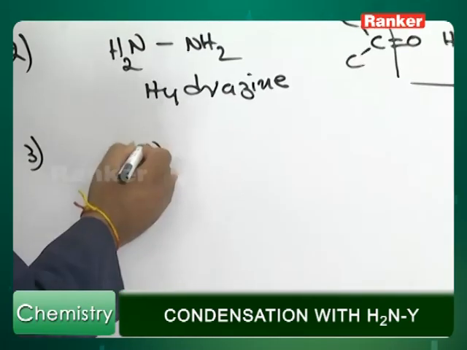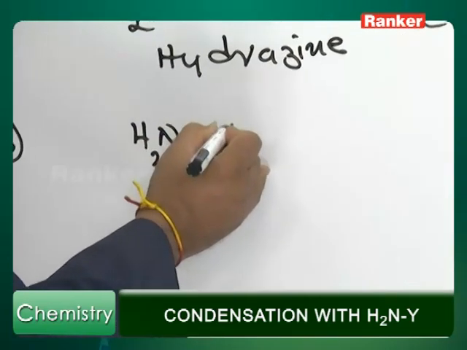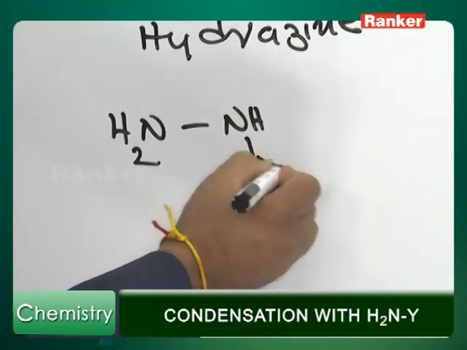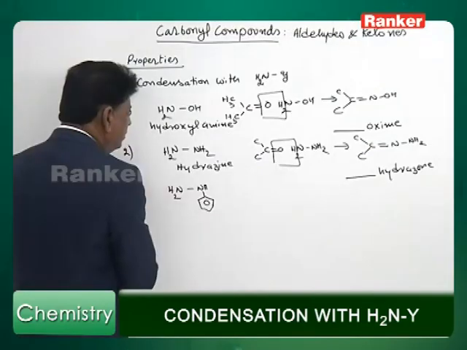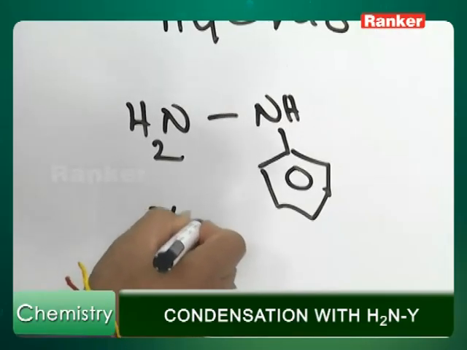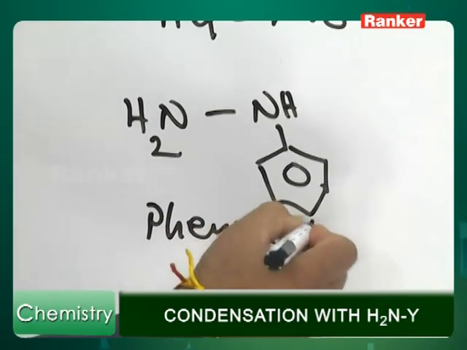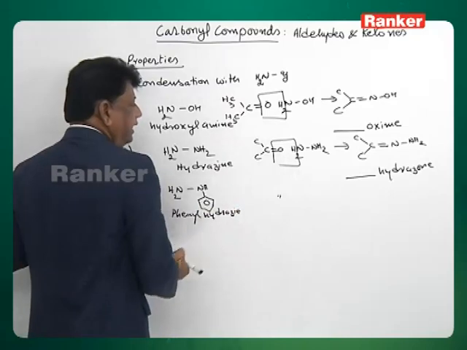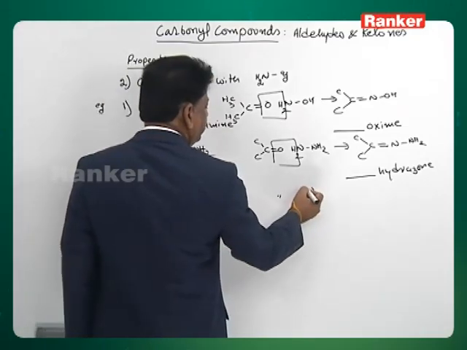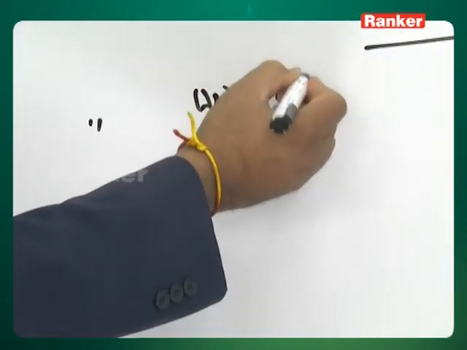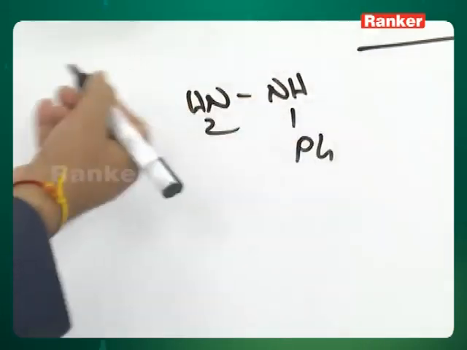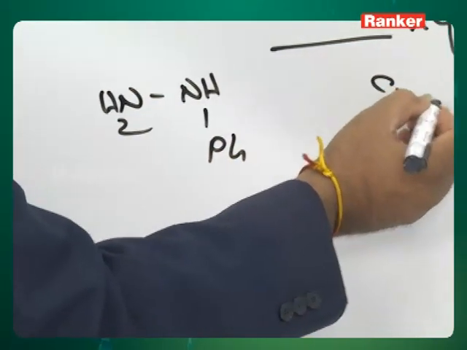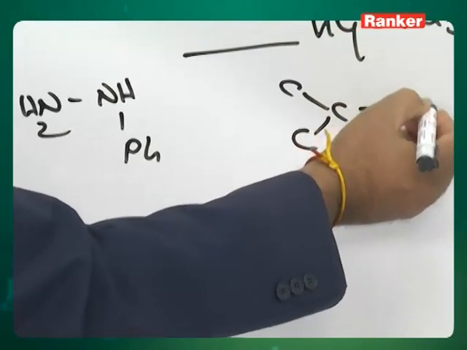Then we have another reagent, NH2NH with a benzene ring. This is known as phenylhydrazine. If acetone is taken and you add this NH2NH phenyl, you can write Ph and leave it. So, the answer will be acetone phenylhydrazone.